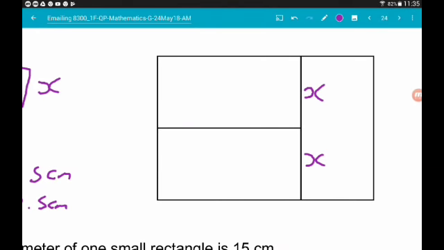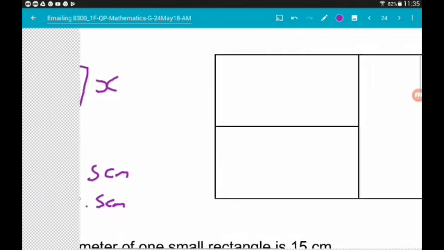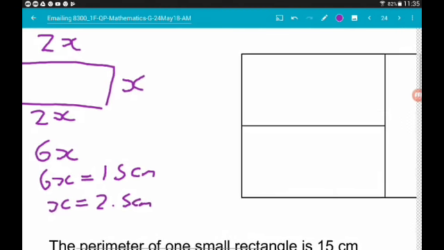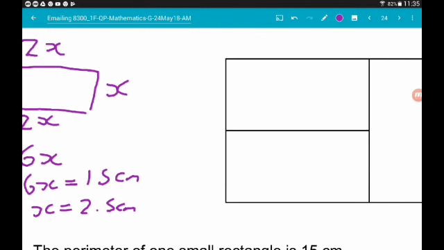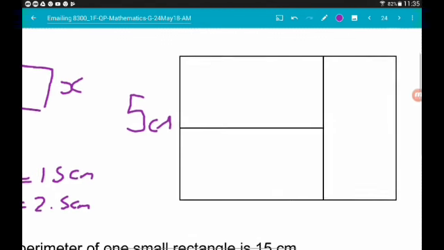So we can start filling in then some lengths here. So we now know that x, the width of a small rectangle, is 2.5 centimetres. So that means the length of one of the rectangles is 5 centimetres. So this left hand length is 5 centimetres.